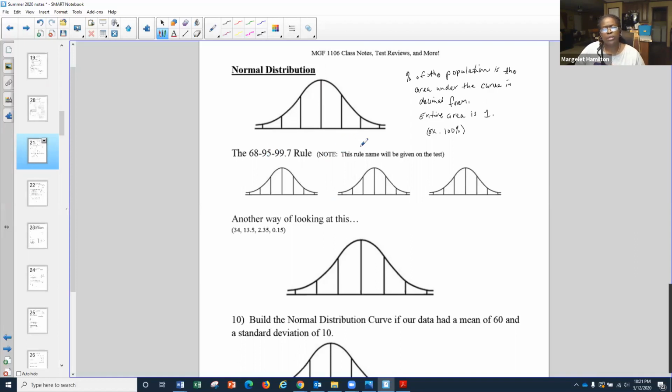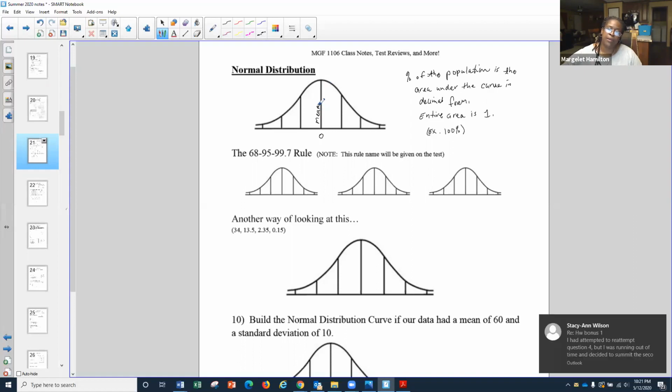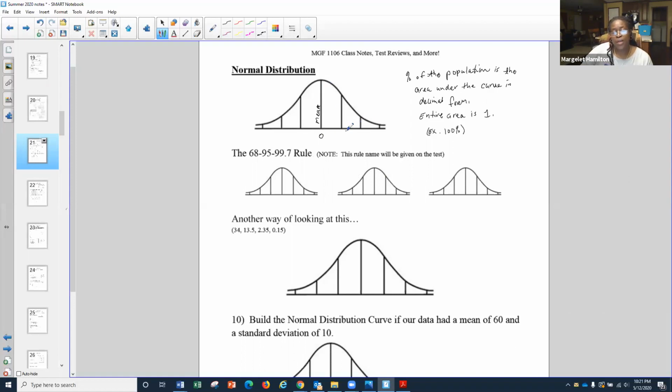So you have 0 in the middle. 0 in the middle is going to represent our mean. This is our mean. So whatever our mean is, that's where we're going to start. So I'm just going to write this as mean. Then above the mean, you have your positive numbers.